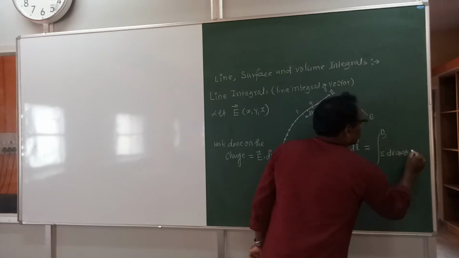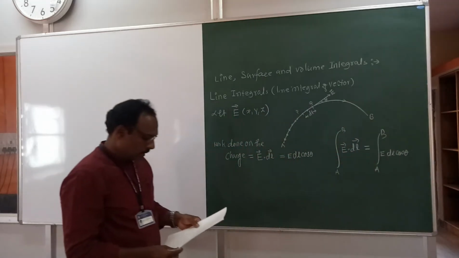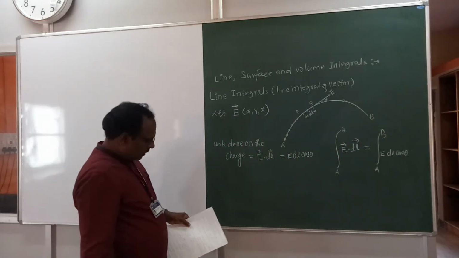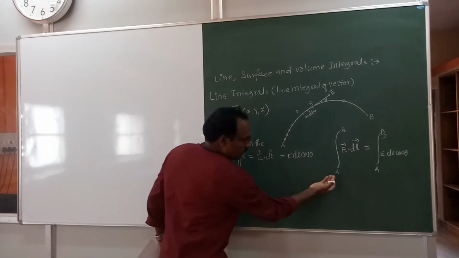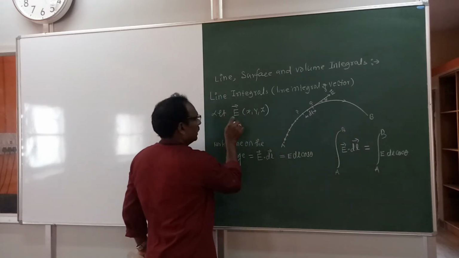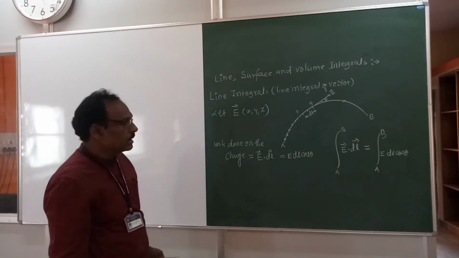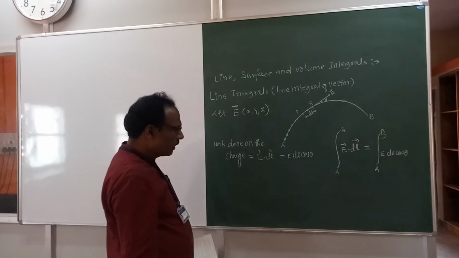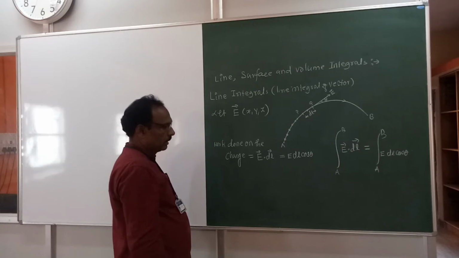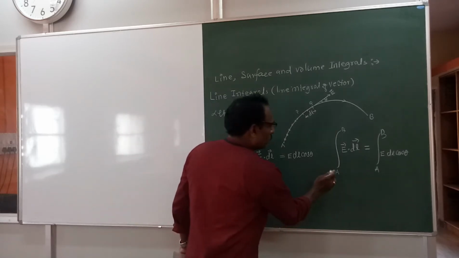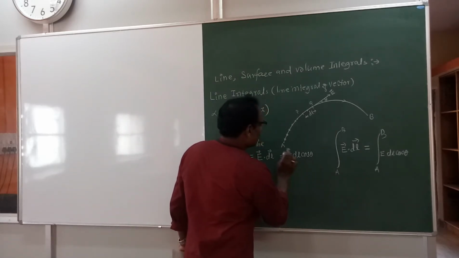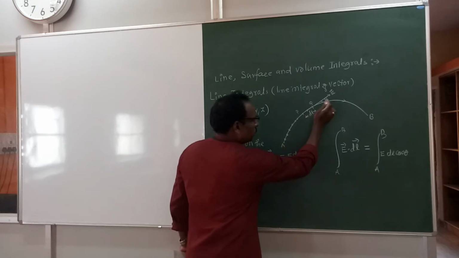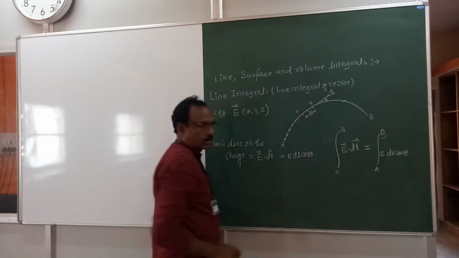It is called the line integral of the vector E, a line integral taken from A to B for all the points.